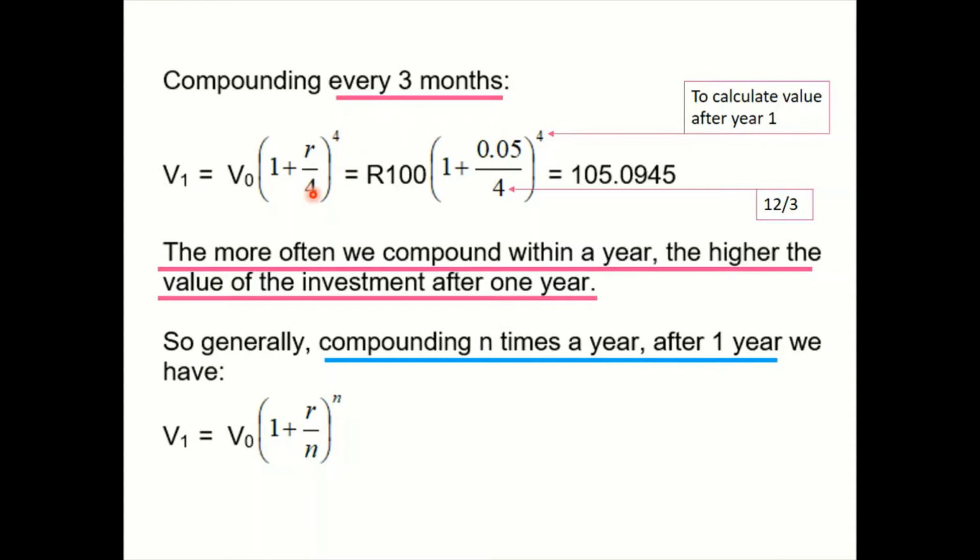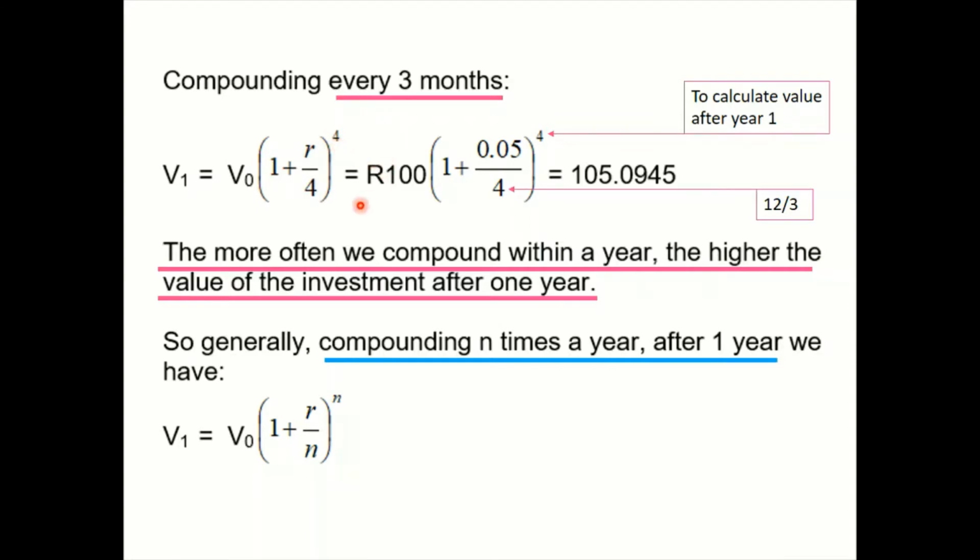And we would need to raise what's in this bracket to the power of 4, because we would effectively be multiplying V0 by what's in this bracket 4 times. So it's obviously far more efficient to have the bracket raised to the power of 4.